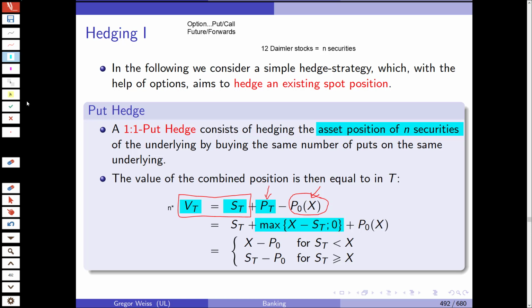The stock price ST, X is what we call the strike. That is the strike, that is the price for which the option can be, I would say, I'm lacking the English word. You can let the option expire, or you can exercise the option.